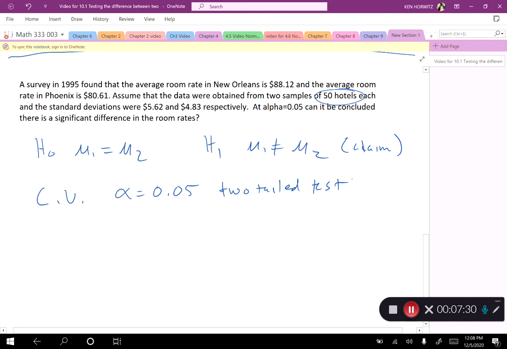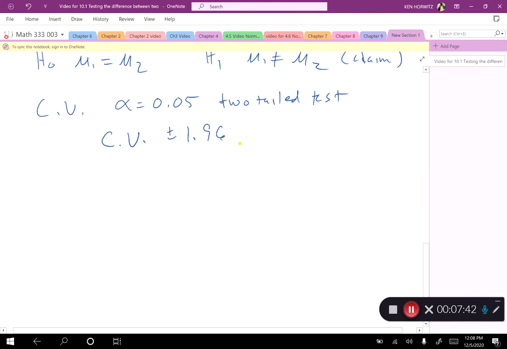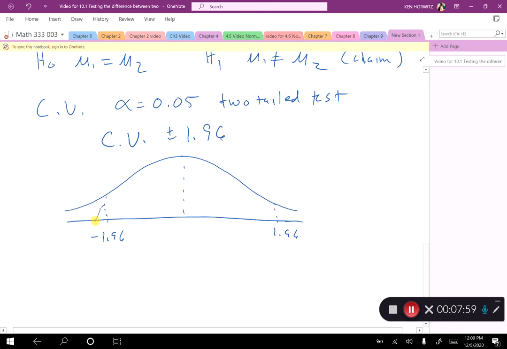And I found my critical value to be plus or minus 1.96. So basically what this means is that if I draw my picture, that should be about equidistant. This is the border, and the shaded region is my rejection zone.